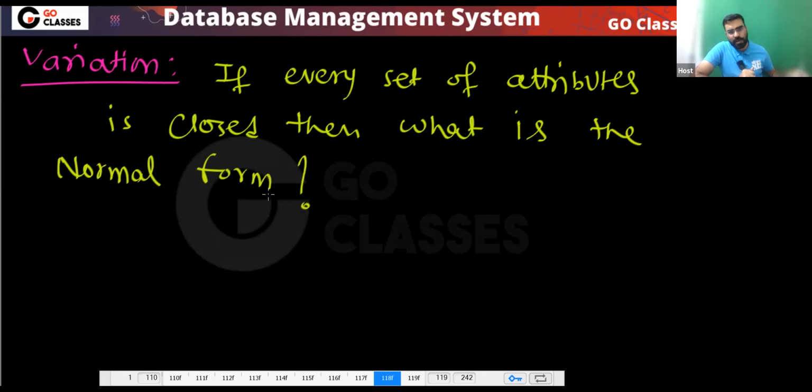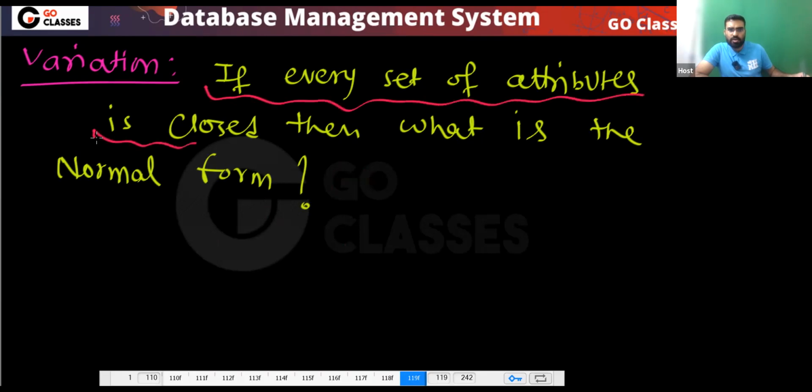Then the normal form will be, you can clearly see that in this situation, if every set of attributes is closed, then there is no non-trivial FD. Yes or no?